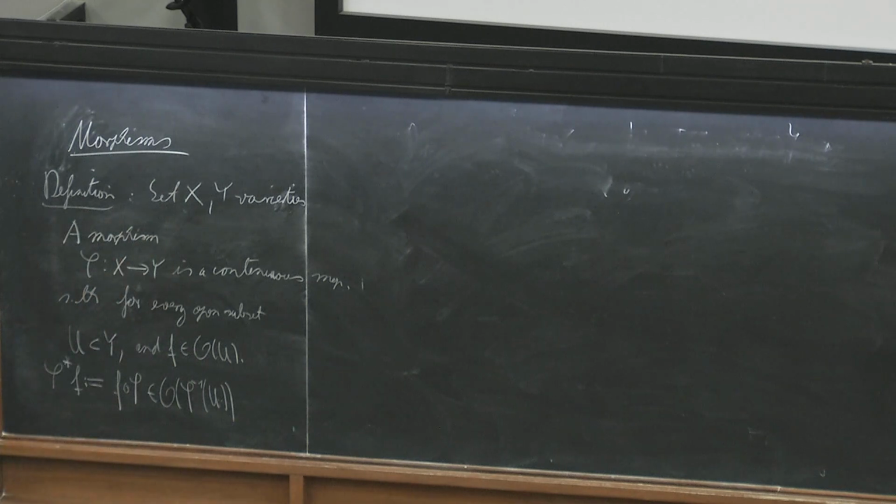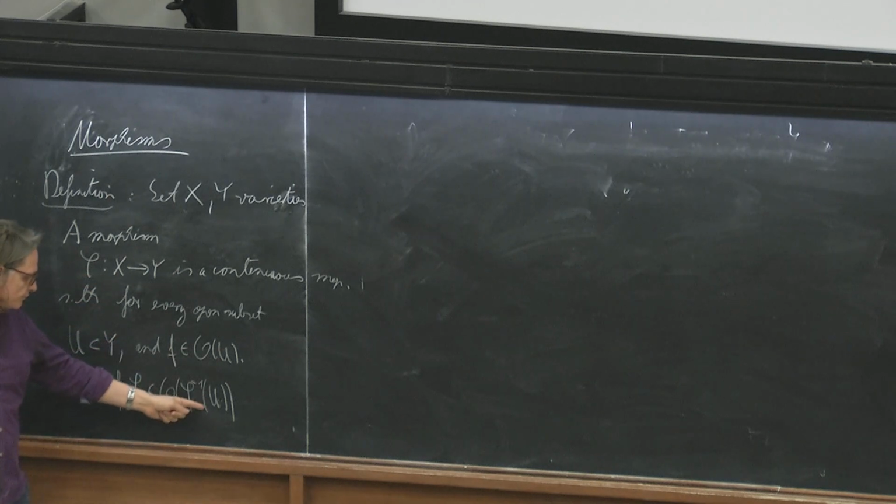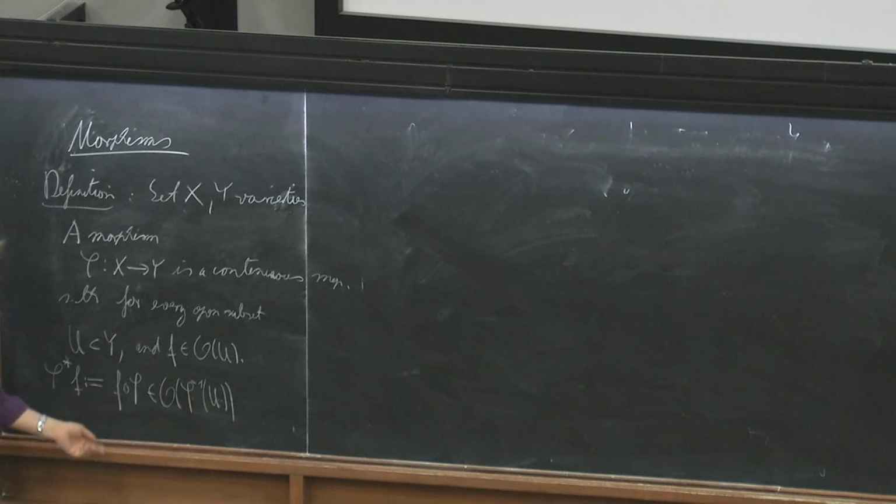So we are only able to talk about regular functions on open subsets. Now, as we require the map phi to be continuous, the inverse image phi to the -1 of U is also open, so we can talk about regular functions on this open subset, and we require that the pullback, that is this composition, is regular on the inverse image.